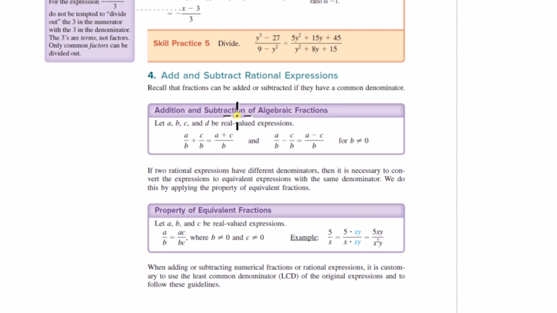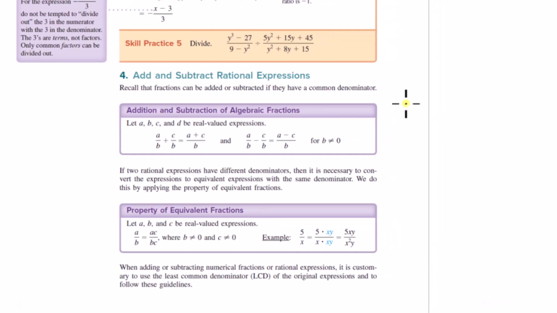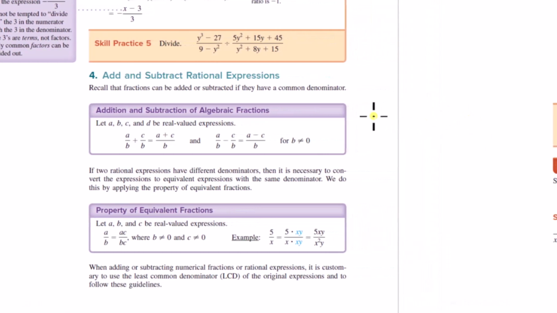Here A, B, C, and D are real valued expressions. They could be any kind of variable expression. And so we know that if we've got a common denominator, then we can combine fractions. Since we have a common denominator, we can do this.